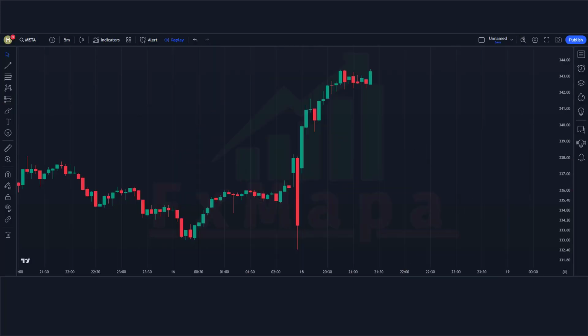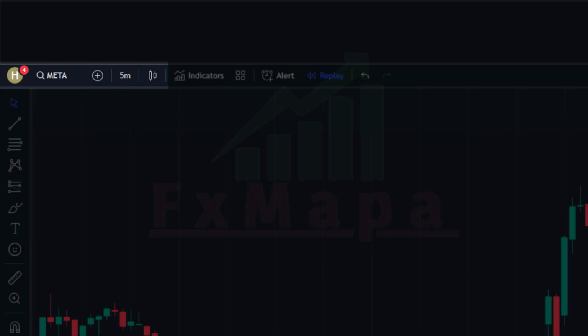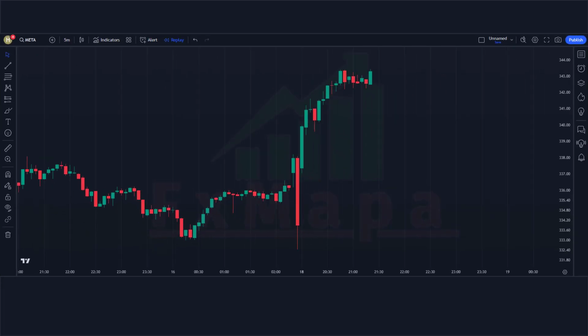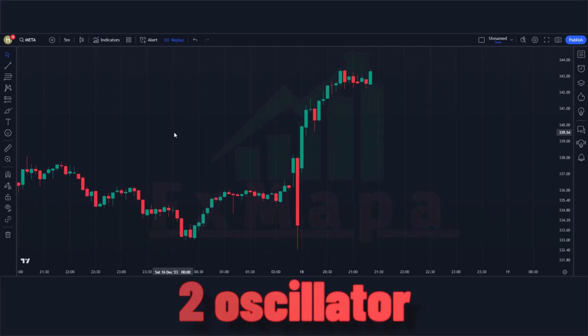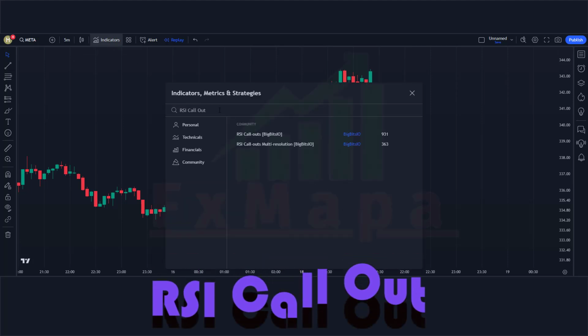So let's get started. Now let's create a trading setup. We are going to test this strategy on the 5 minutes time frame on MetaChart. In this setup we would require two oscillators. First indicator name is RSI call-out.